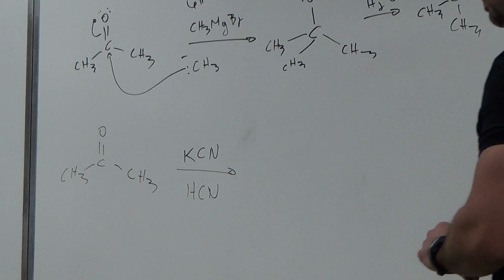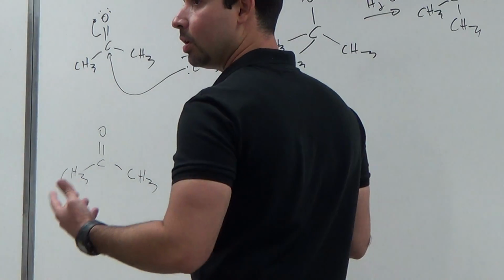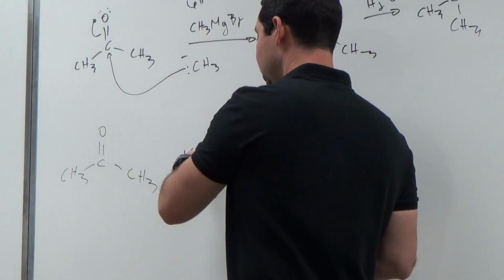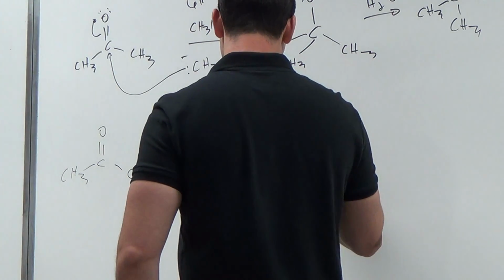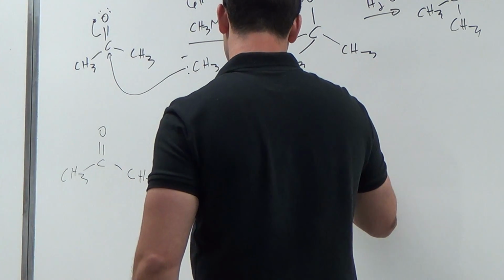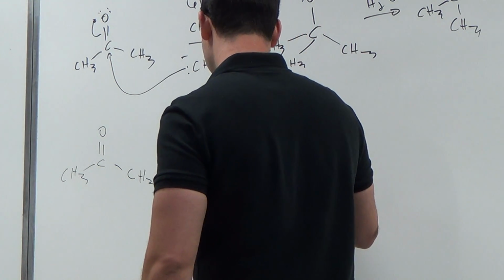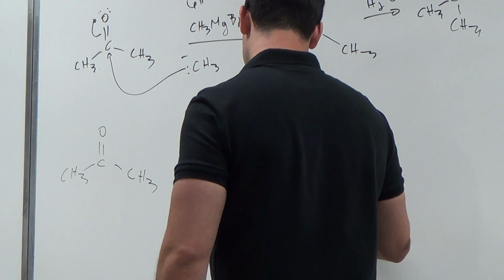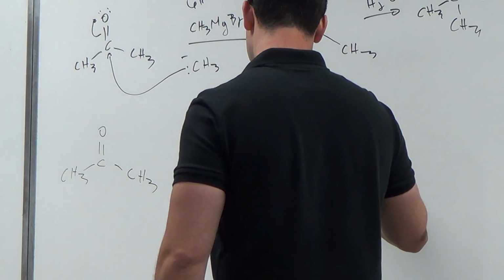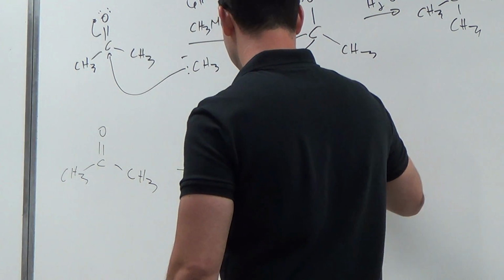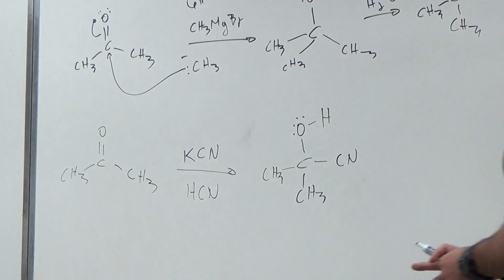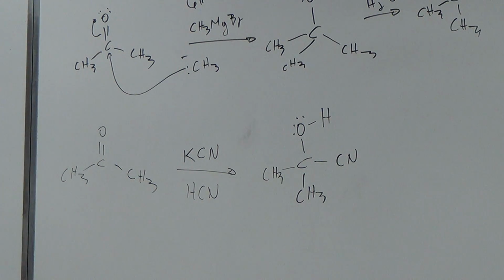What is going to happen now? The nucleophile, which is C minus, is going to attack, and what you are going to get overall is, let's say you're going to have an H plus there. I mean, you have HCN, so you have H plus. You like that, yes or no?